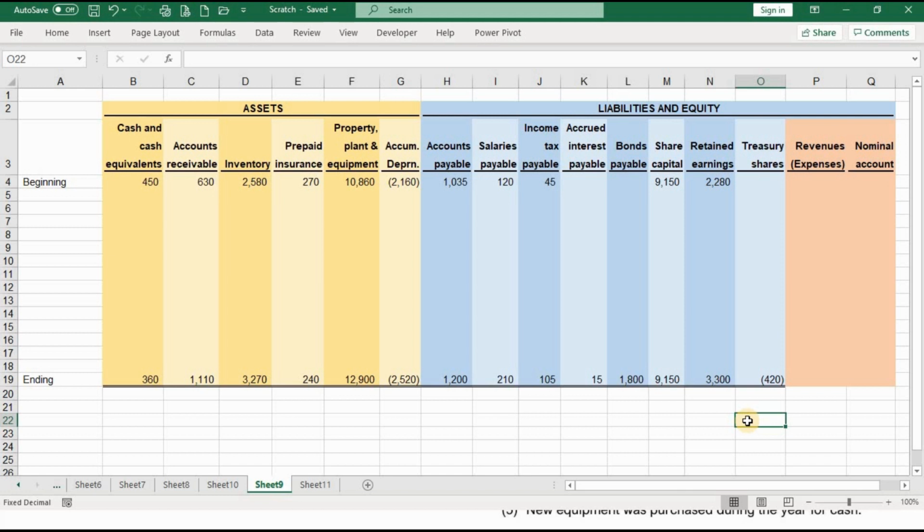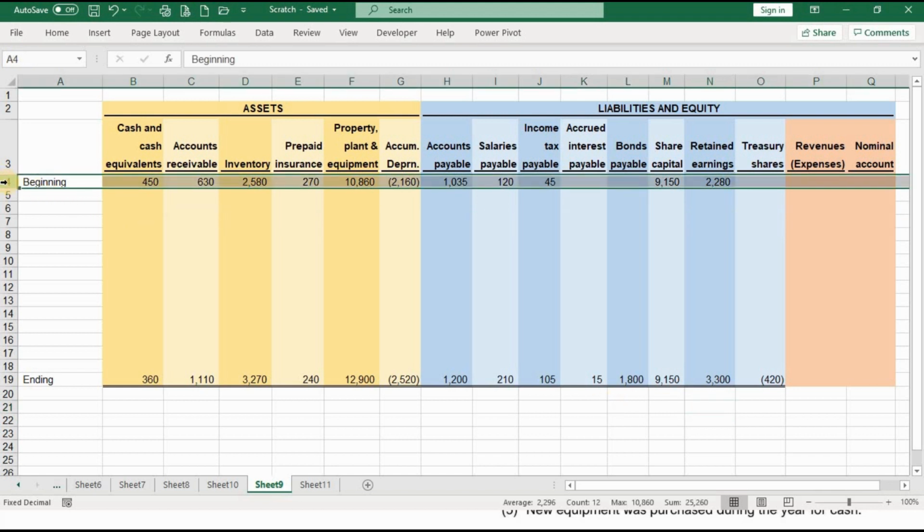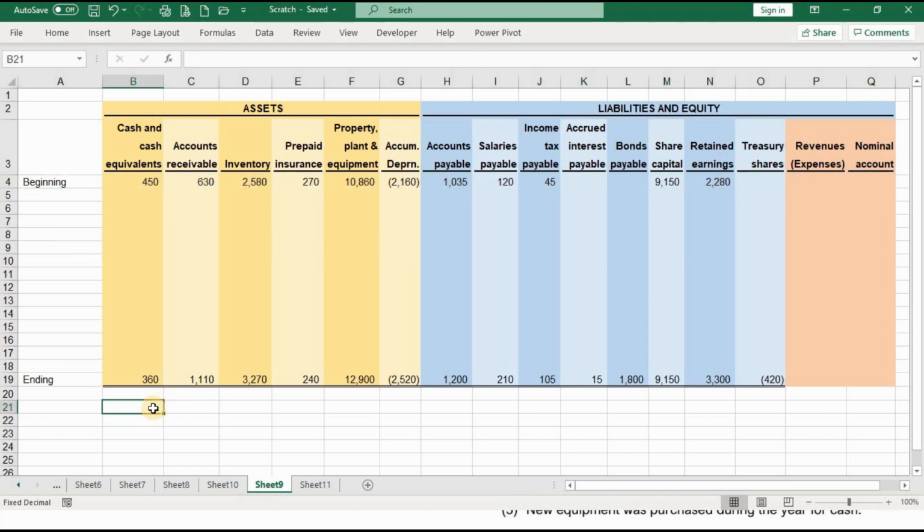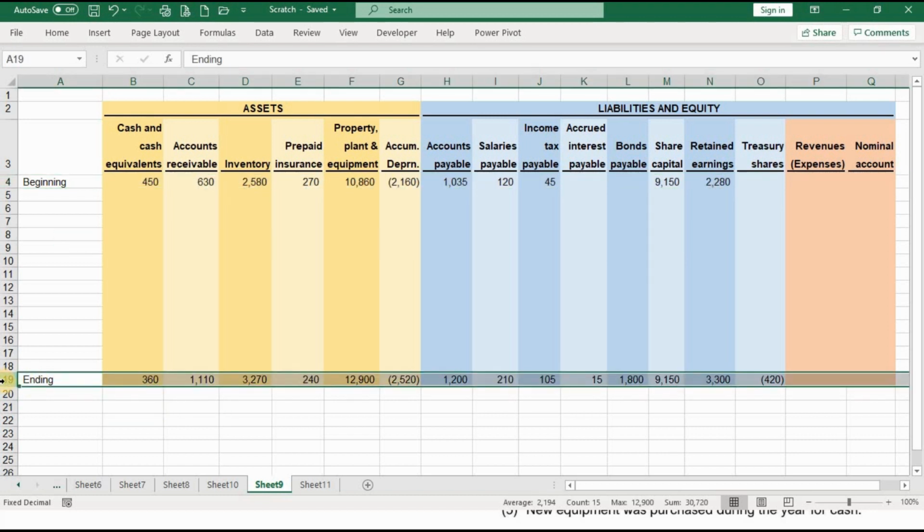Based on the problem, we have a balance for the assets, liabilities, and equity accounts in 2019 and in 2020. The 2019 balance in the statement of financial position shall be the beginning balance for the year 2020, and the December 31, 2020 balances shall be the ending balances for the year 2020.